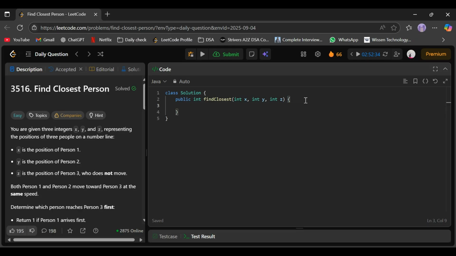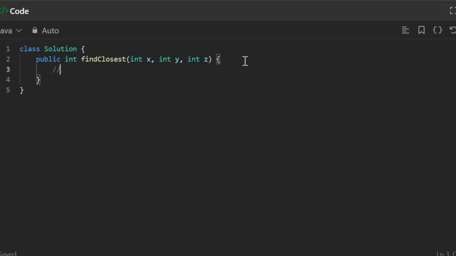We can also take an example. Suppose we have x value as 2, y is 7 and z is 4. First we'll calculate the distance of person 1, so we just subtract the values.